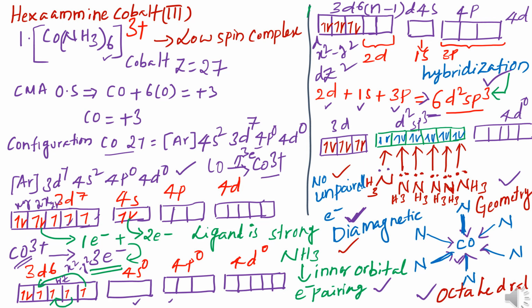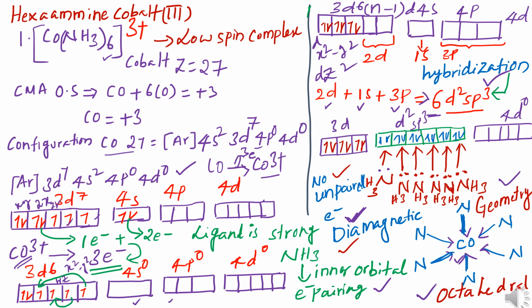These are available for receiving pairs of electrons from two ammonia ligands or two ammonia molecules. So 2 d orbitals are available from the inner orbital, that is (n minus 1)d, that is 3d orbital. 1 from the valence shell s orbital, 4s, and 3 orbitals from the 4th shell p orbital, which are also already empty.